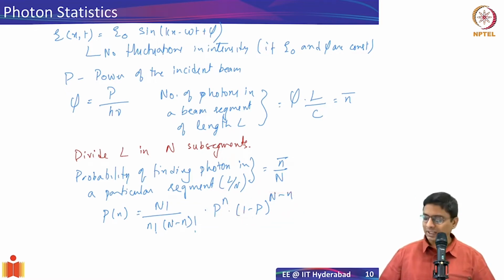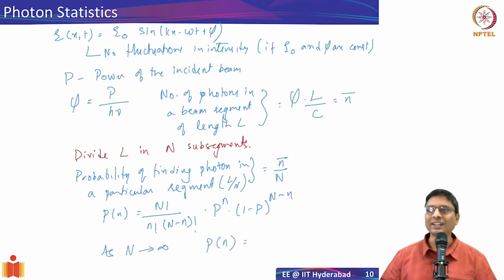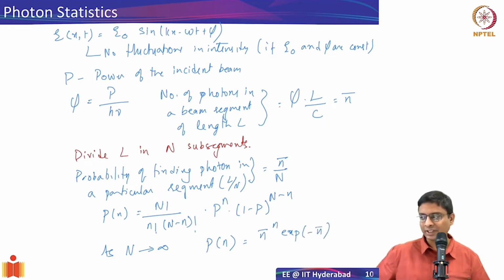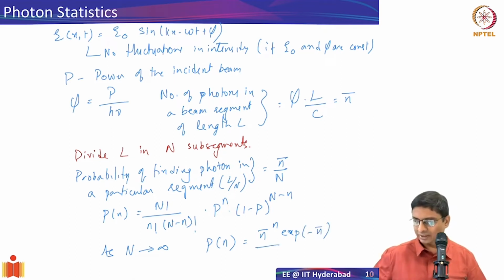There is some algebra you can do, but if you consider the case where capital N tends to infinity, you can show that the probability of finding n photons in a particular beam segment depends on the average number of photons: n bar to the power n, times exponential of minus n bar, divided by n factorial.